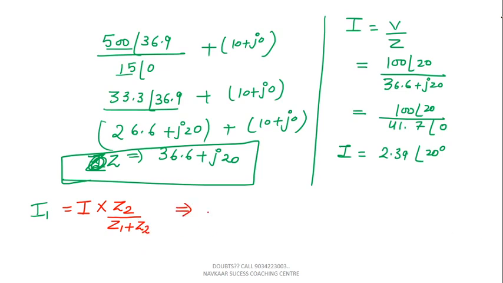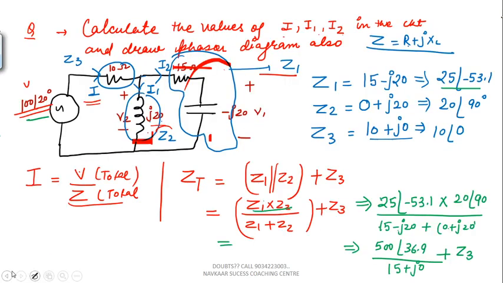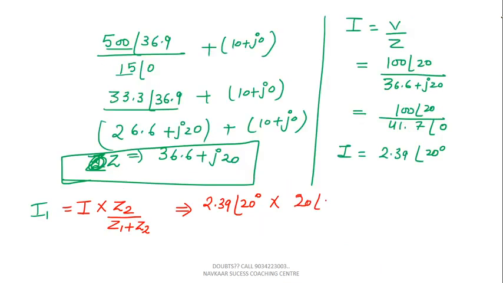Putting in the values: I is 2.39 angle 20 degree, Z2 is 20 angle 90 degree, and Z1 plus Z2 we calculated as 15 angle 0.